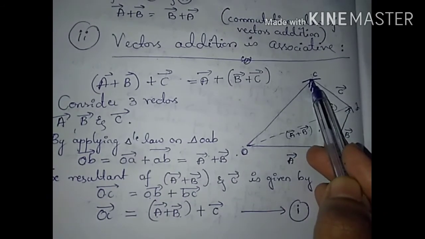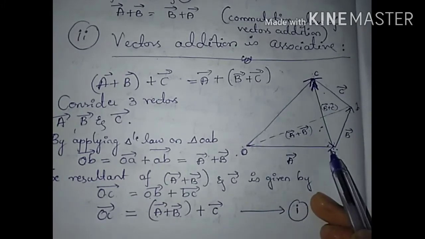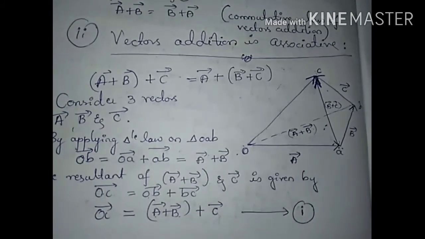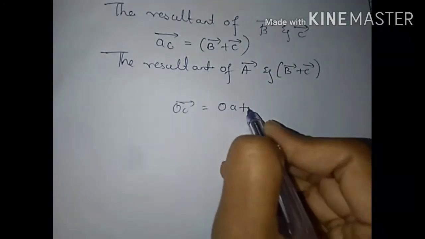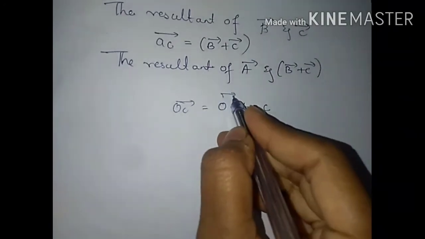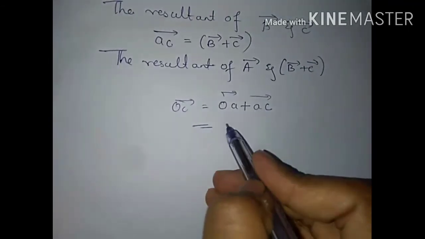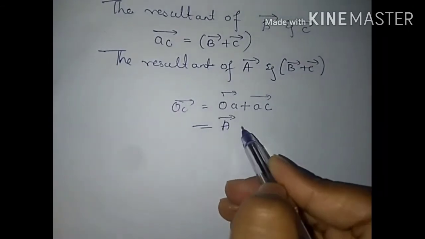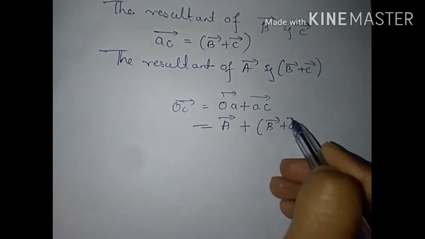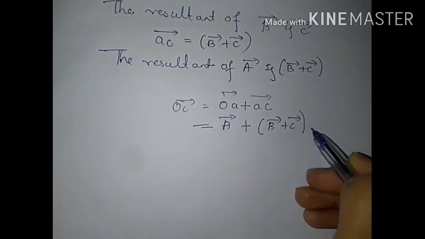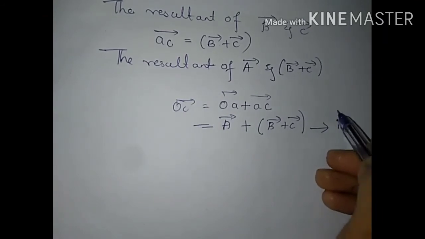OC will be what? OA plus AC. OA is vector A and AC is vector B plus vector C. Let us call this equation number 2.